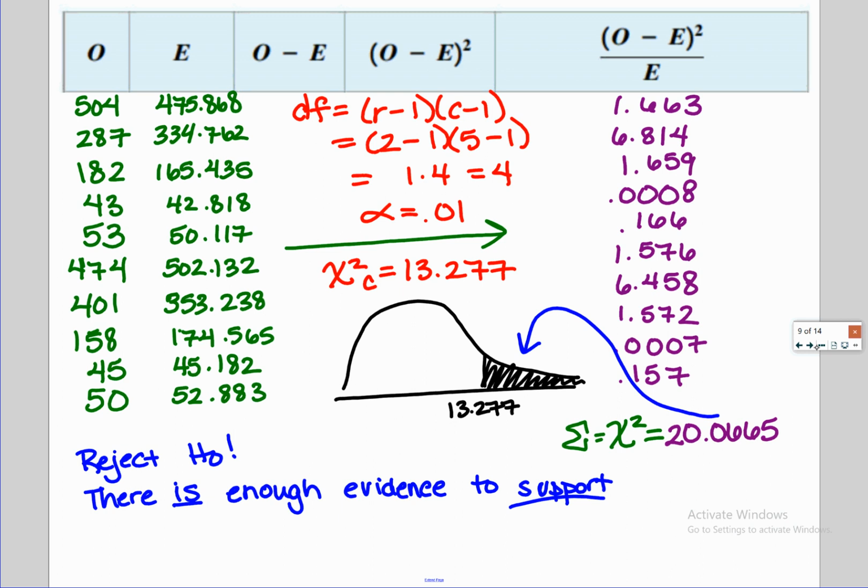So there is enough evidence to support the claim that they are related, dependent. Okay. And that is a chi-squared test for independence. And that's it. We're done.